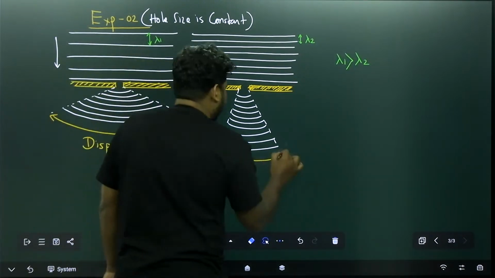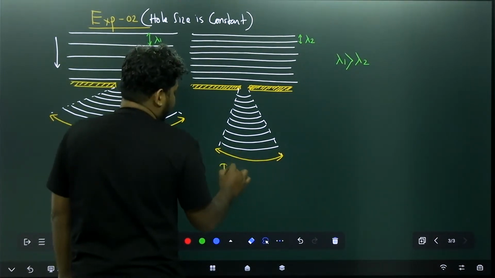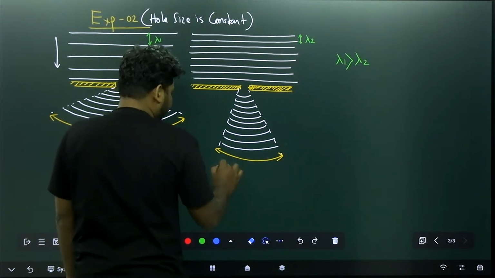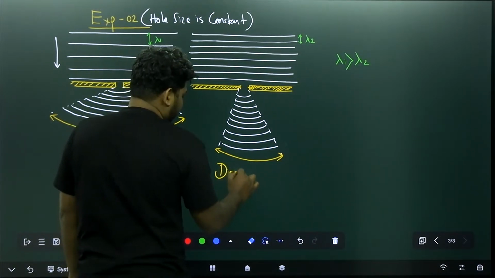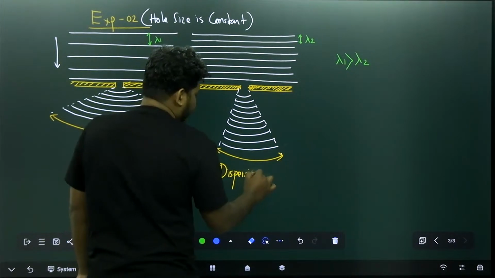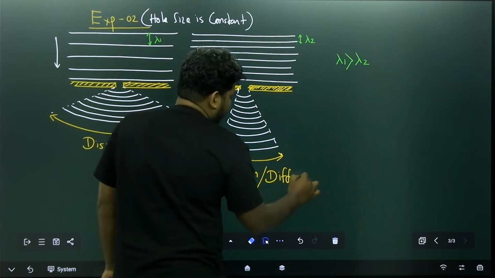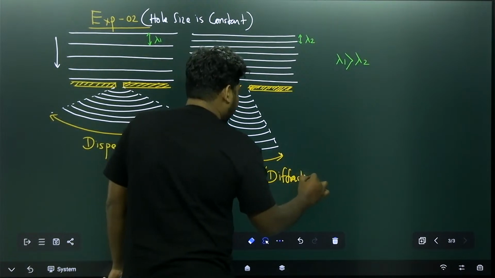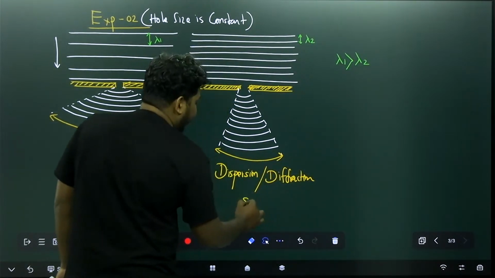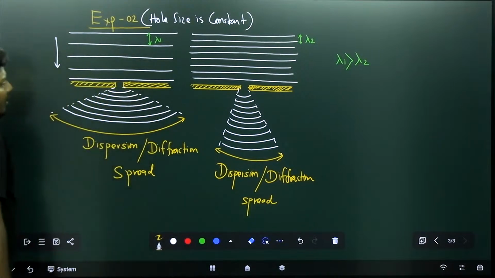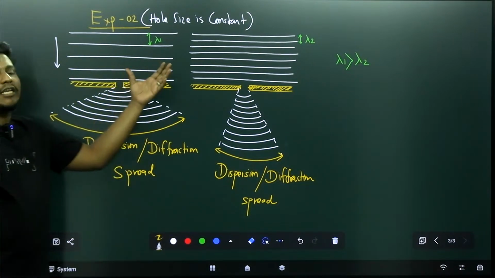So this is also the same. You can say dispersion, or diffraction, or the word spread. Okay, so please mark this one in your exercise.